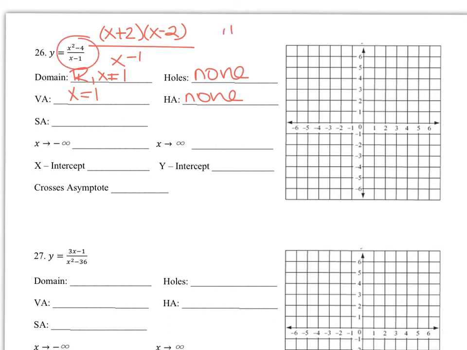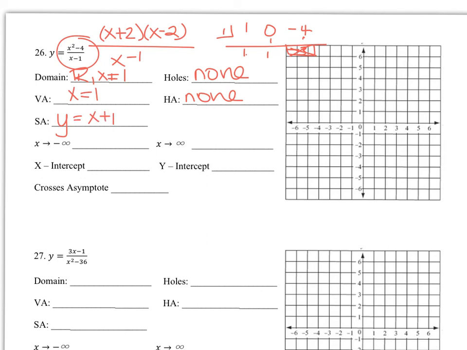So I'm going to do synthetic division with 1. My degree 2 coefficient is 1, my degree 1 coefficient is 0, and my constant is negative 4. So bring down the 1. 1 times 1 is 1. Add them up, I get 1. 1 times 1 is 1. Add them up, I get negative 3. We disregard the remainder, so my slant asymptote is y equals x plus 1.